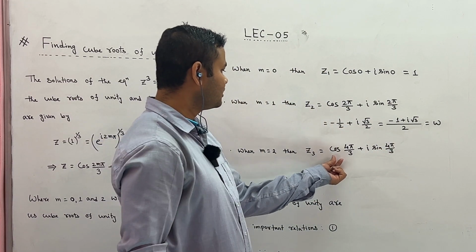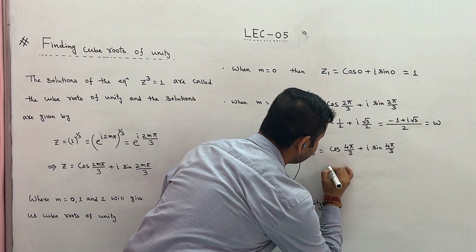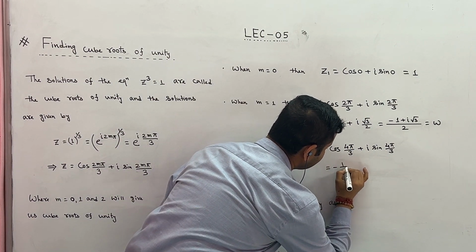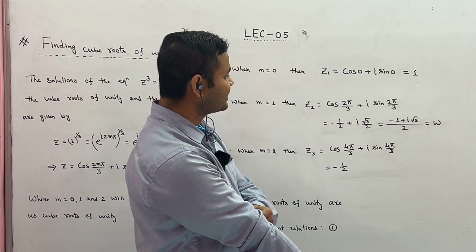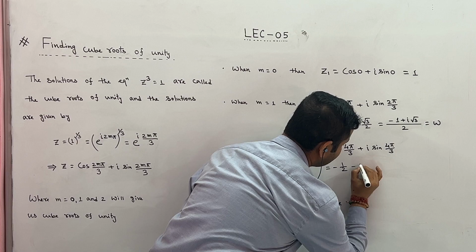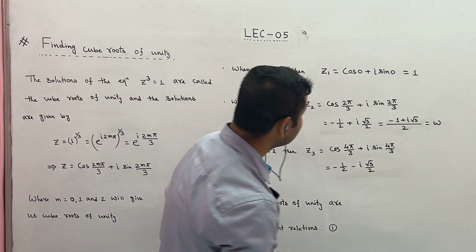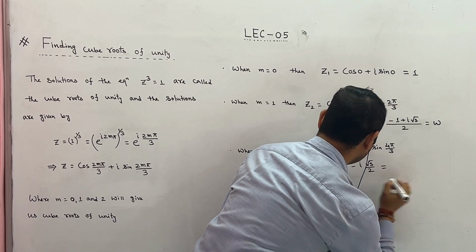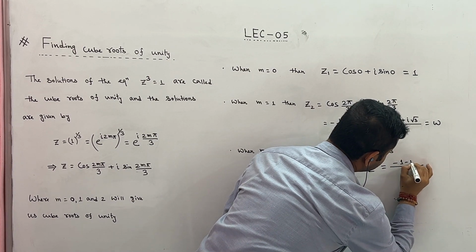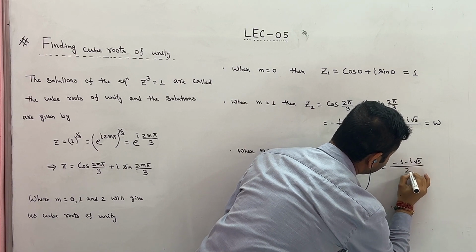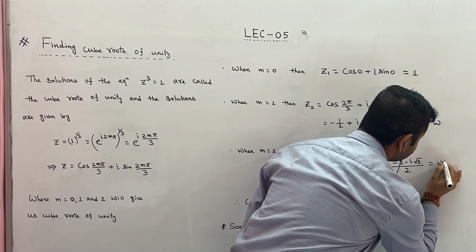Again, we know that cos 4 pi by 3 value is minus half. Again, sine 4 pi by 3 value is minus root 3 by 2. Iota root 3 divided by 2. So if we simplify, we will get minus 1 minus iota root 3 divided by 2. And this term can be written as omega square.